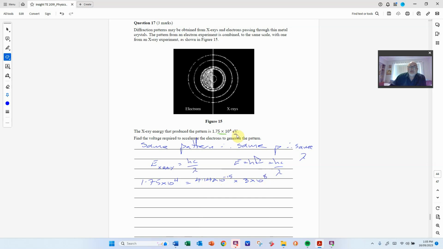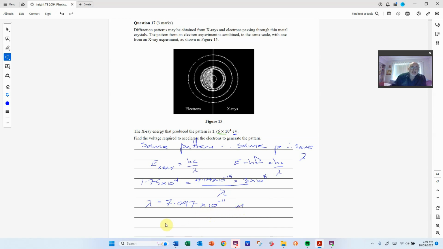We're told it's in electron volts, and that's over wavelength. So therefore our wavelength is going to be equal to 7.097 by 10 to the negative 11 metres.